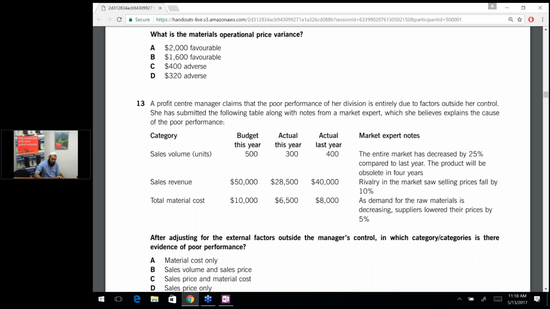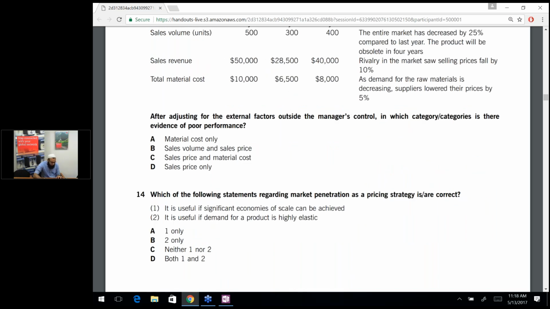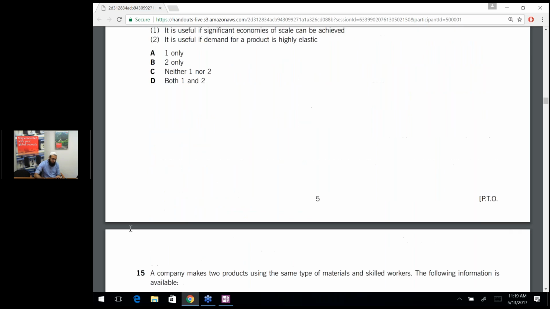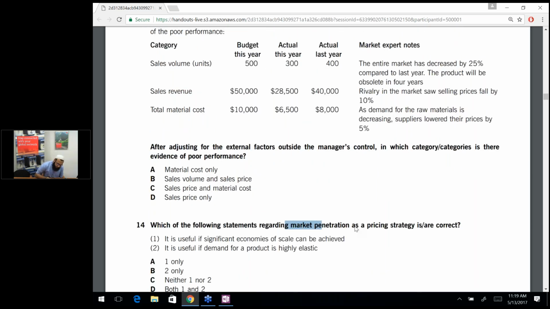Now this is a good question. Let's first discuss 14 and then let's come to 13 later on. Which of the following statements regarding market penetration as a pricing strategy is correct? What is market penetration strategy, my friends?